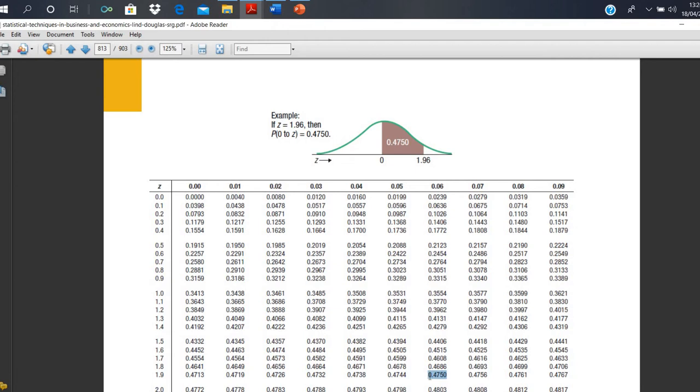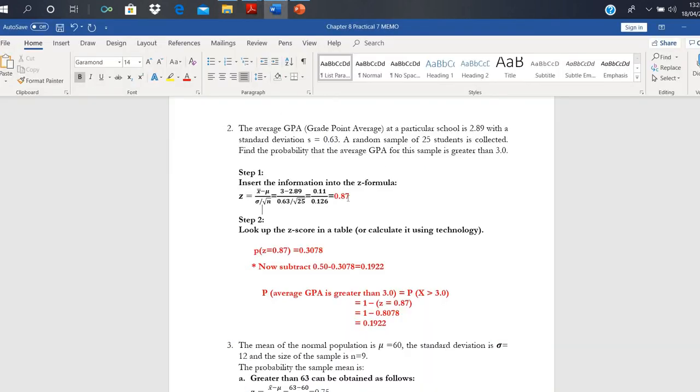The probability associated to a Z value of 1.96 is 0.4750, and that is what you see here.